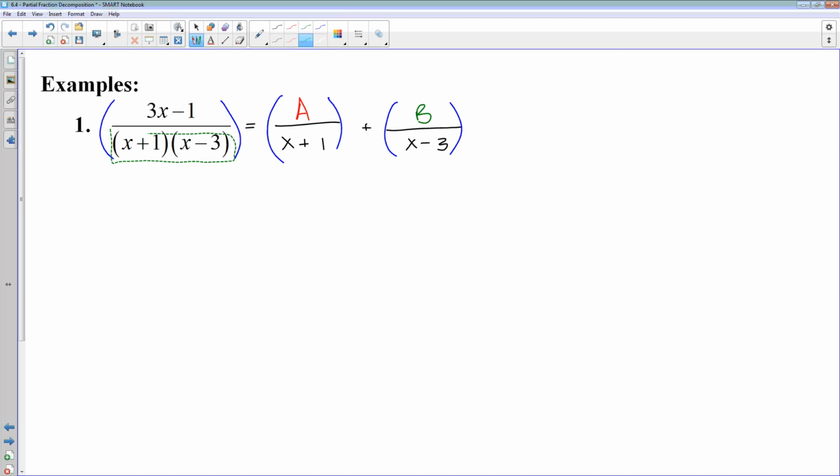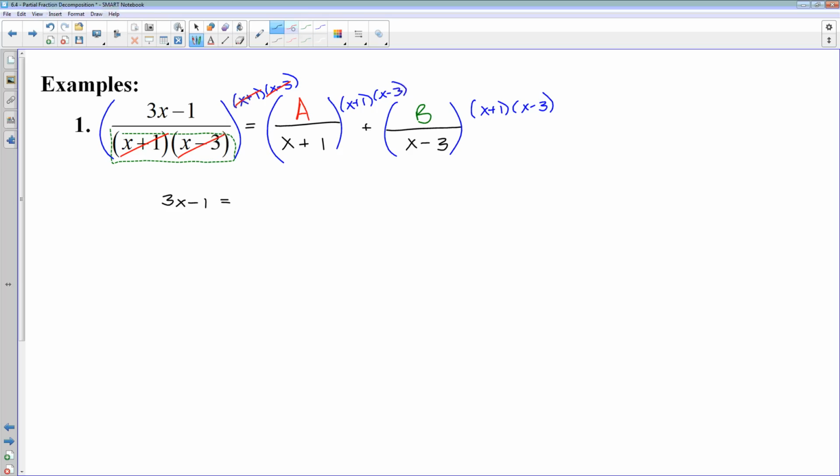So I'm going to multiply by x plus 1, x minus 3 on this one, on this one, and on this one. And what's going to end up happening is we'll get a lot of canceling. For the very first fraction, the x plus 1's cancel and the x minus 3's cancel, leaving me with only 3x minus 1.